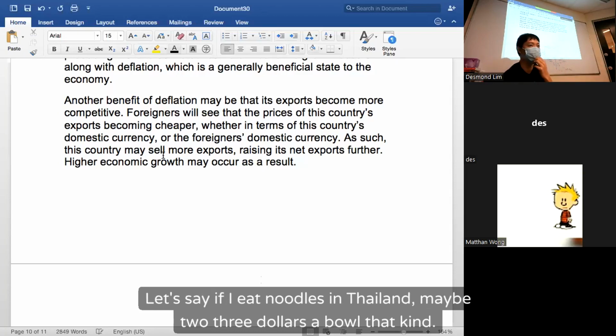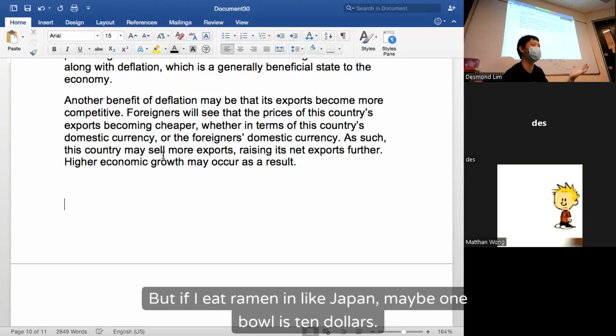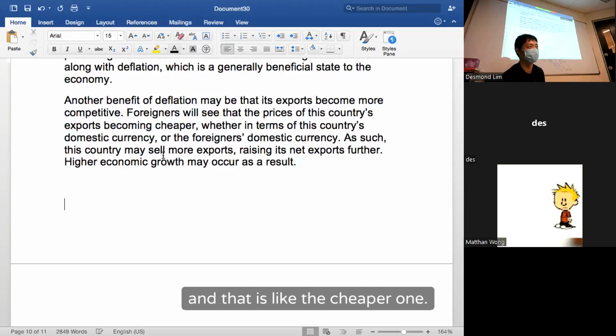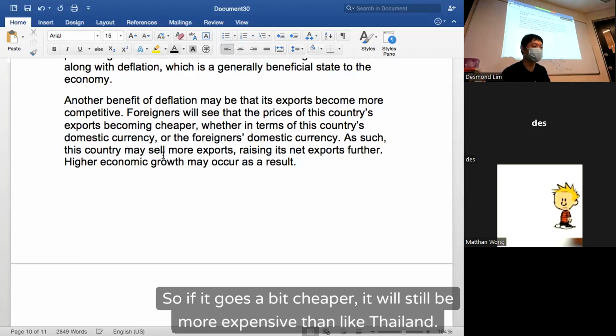If I eat noodles in Thailand, maybe $2-3 a bowl, at a roadside store or shops, also a few dollars. But if I eat ramen in Japan, maybe one bowl is $10, and that is the cheaper, fast express kind. If you go to a restaurant, then $20-30. So if it goes a bit cheaper, it will still be more expensive than Thailand.